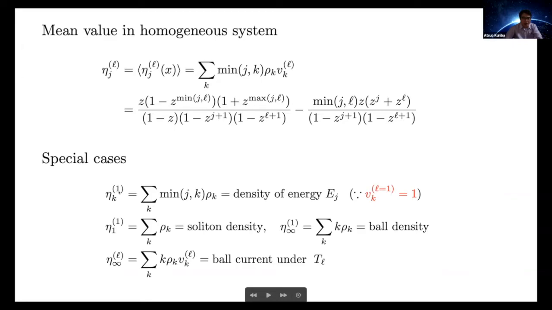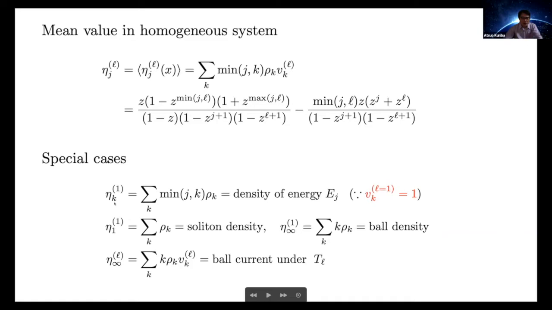For example, if L is 1, then if you look at this formula, V1K is always 1. I didn't mention it, but the effective velocity is always 1 for the T1 dynamics. T1 is actually a kind of one-sided translation, so every soliton travels with velocity 1. So this is the density of the energy EJ itself.